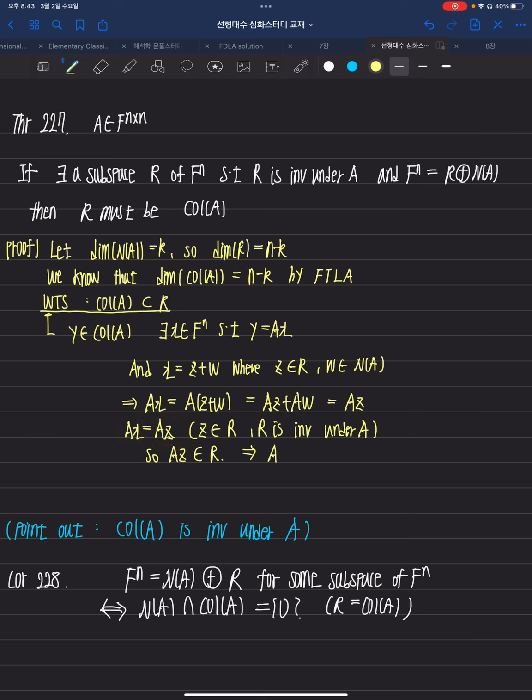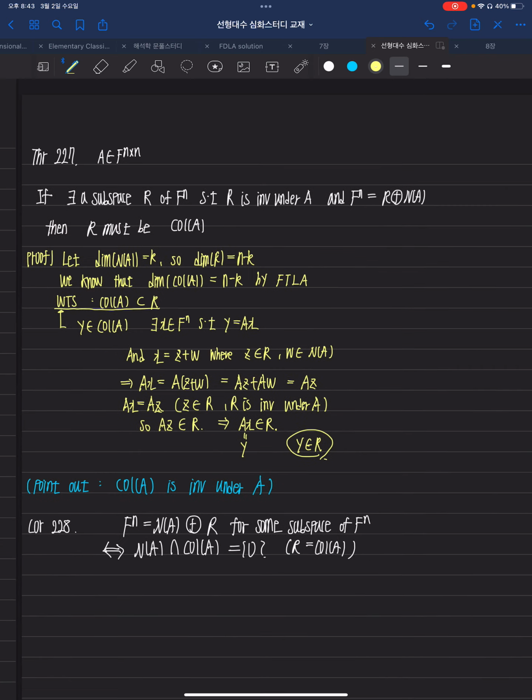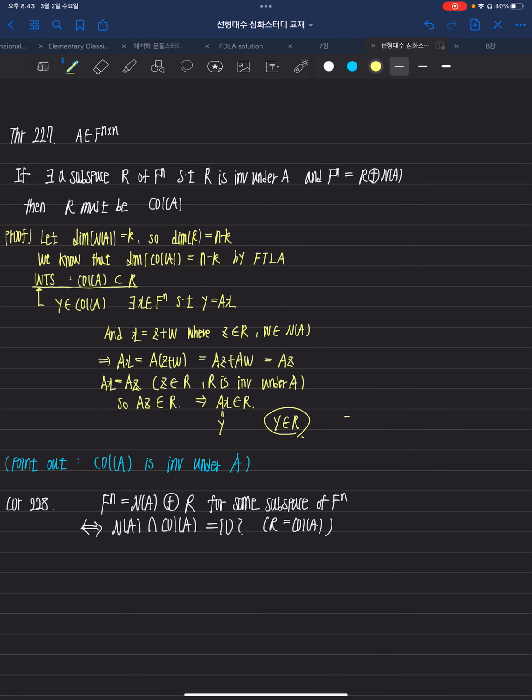Thus, we can say AX is in R. Thus, this is Y. Y is in R. The column space of A is a subspace of R. QED.